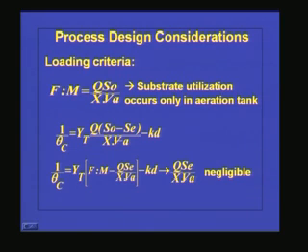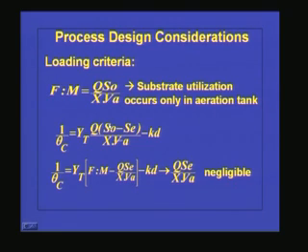Because substrate utilization occurs only in the aeration tank, and we have also seen that 1 by theta c is equal to YT into (Q into S naught minus SC) divided by X into VA, minus KD, or we can write it like this: 1 by theta c is equal to YT into F to M minus Q into SC by X into VA minus KD.